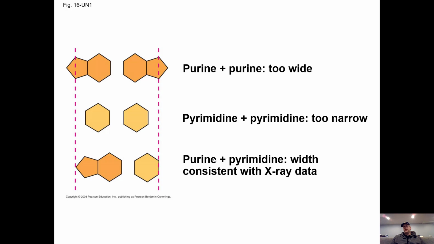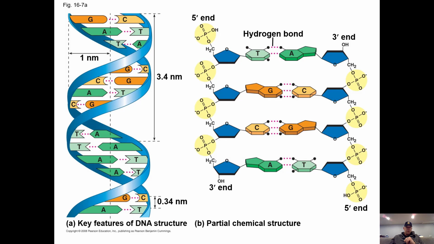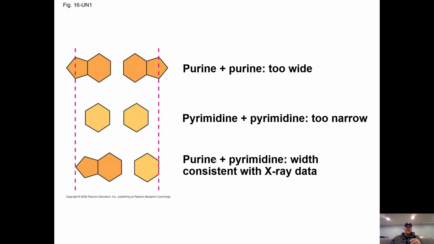This is showing part of how they were using that data, where they figured out that if we put two purines together, i.e. an adenine and a guanine, they're not going to fit the width. If we put two pyrimidines together, i.e. cytosine and thymine, it's going to be too narrow. But if we put one and one together, boom, it works out.